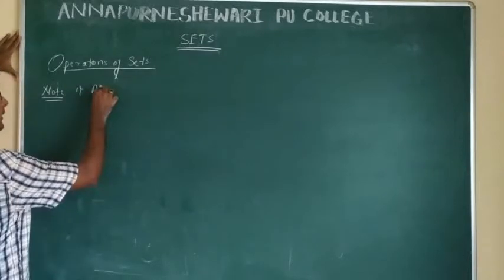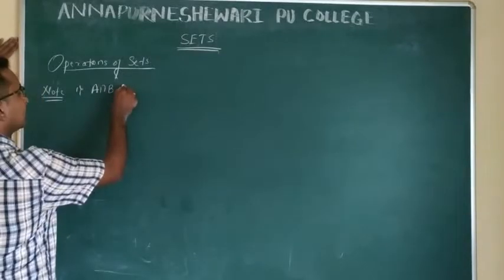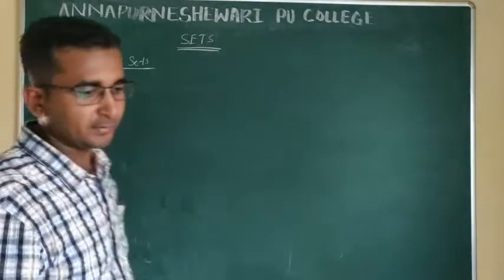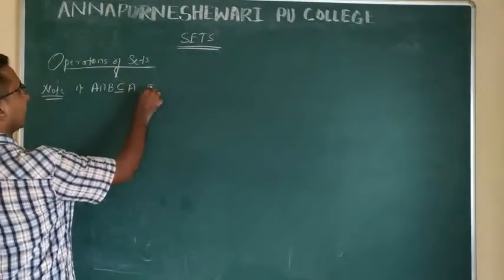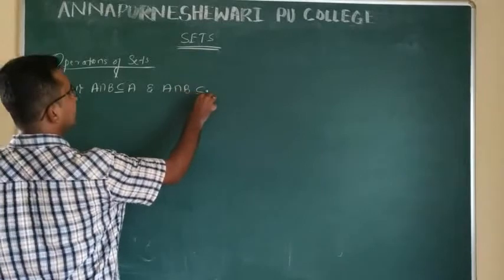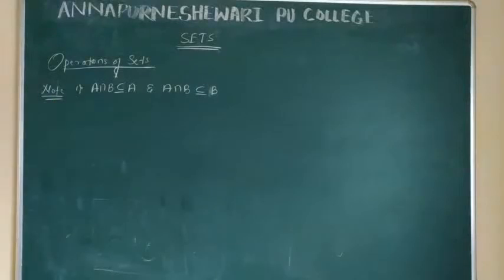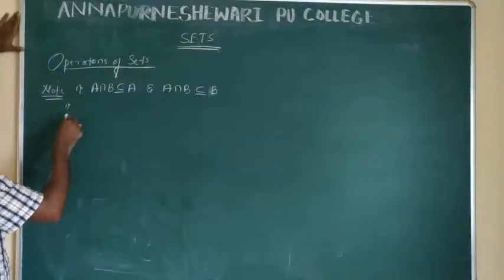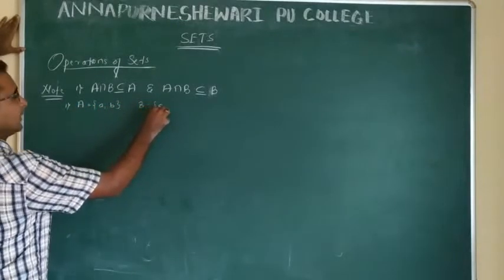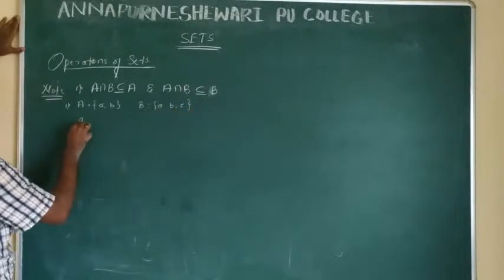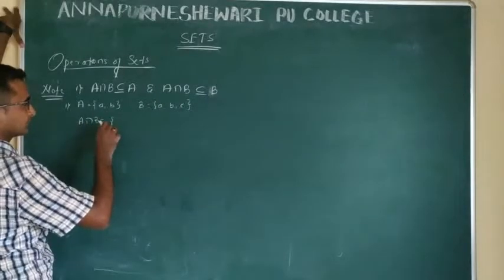A intersection B is a subset of or equal to A, and A intersection B is a subset of or equal to B. So if I take one example, set A equal to {a, b}, set B equal to {a, b, c, d}, and A intersection B is the common elements of A and B, that is a, b.